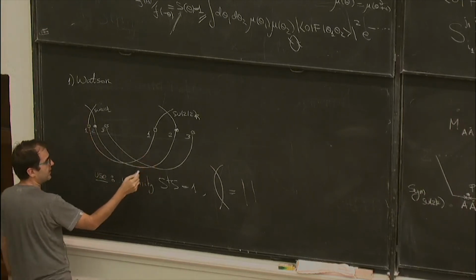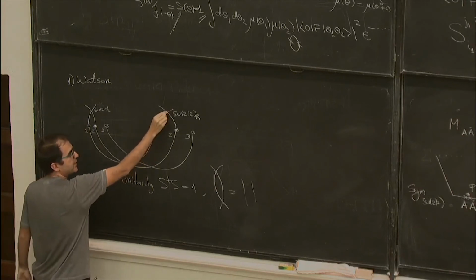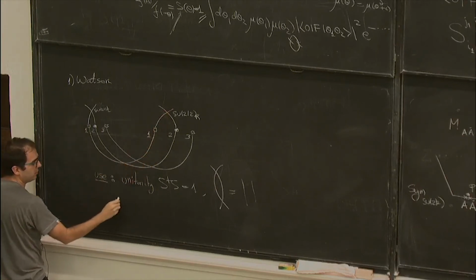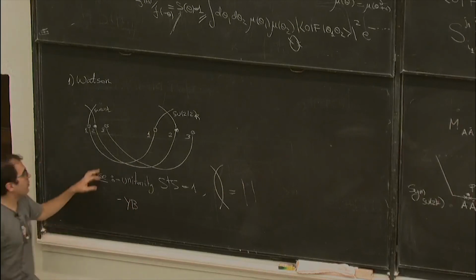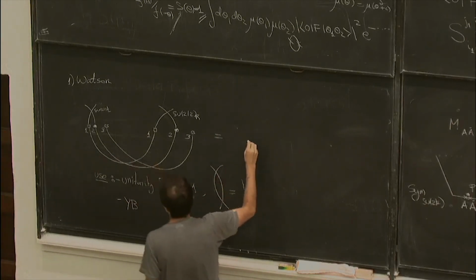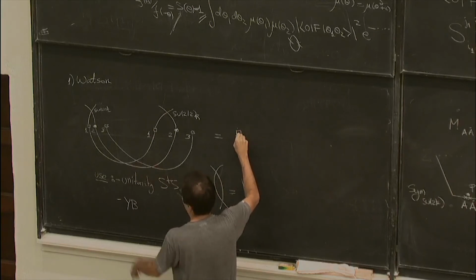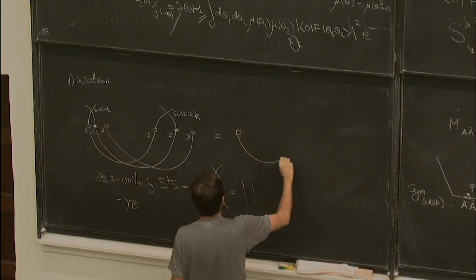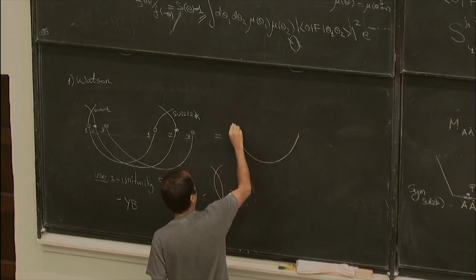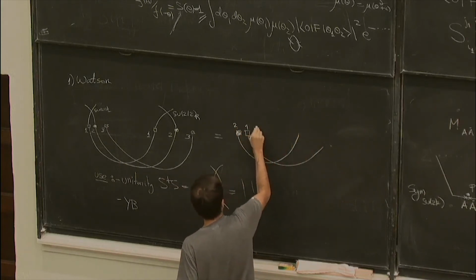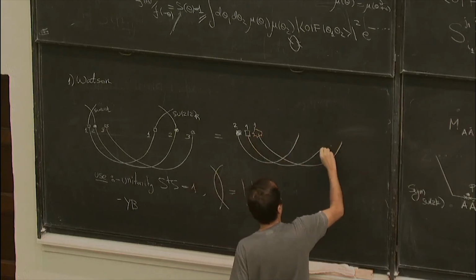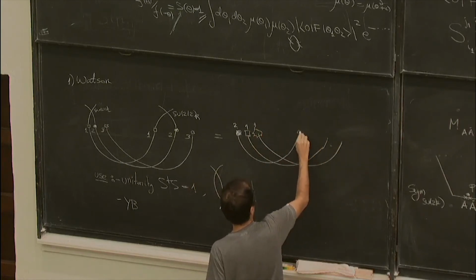But then I did not get exactly the same picture because this one is here. I just pass it by here with Yang-Baxter. So if I combine both, what I get is indeed, I just move it past, and I just obtain particle 2, particle 1, and particle 3 after multiplying by this S matrix.